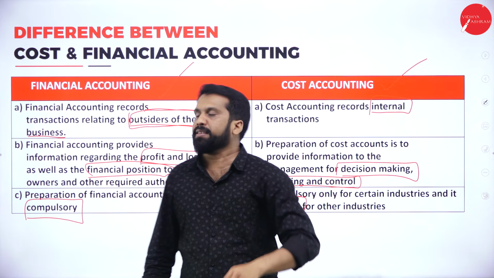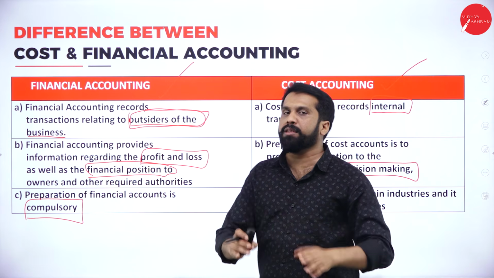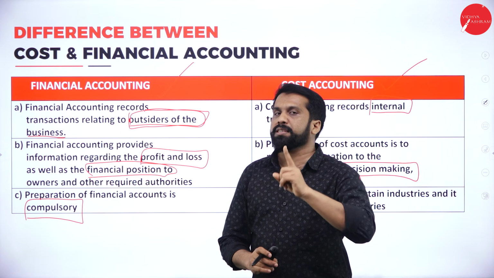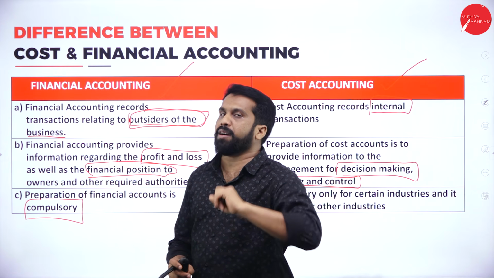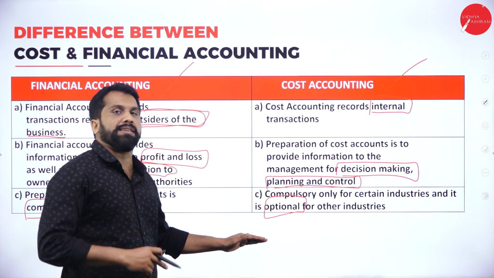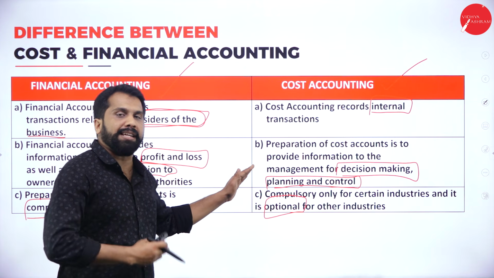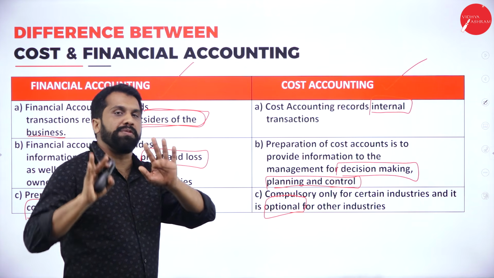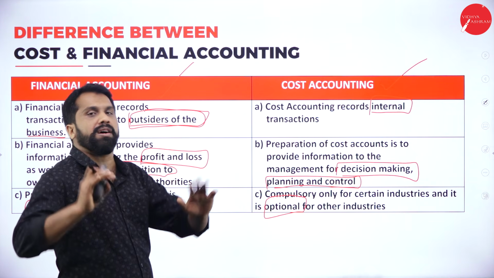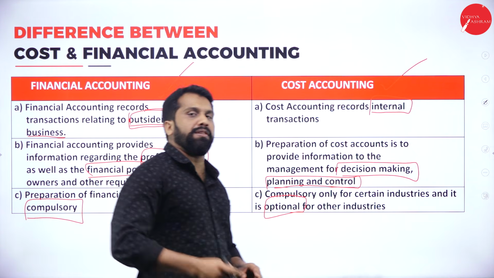So 3 points done. 3 plus 3, you learned 6 points. Never forget this because I am reducing your study hours. Why? Because I am only making you understand and learn. At the end of this session, you will be thorough with 10 points. Already you are thorough with 6 points. So, we'll go for the next one.